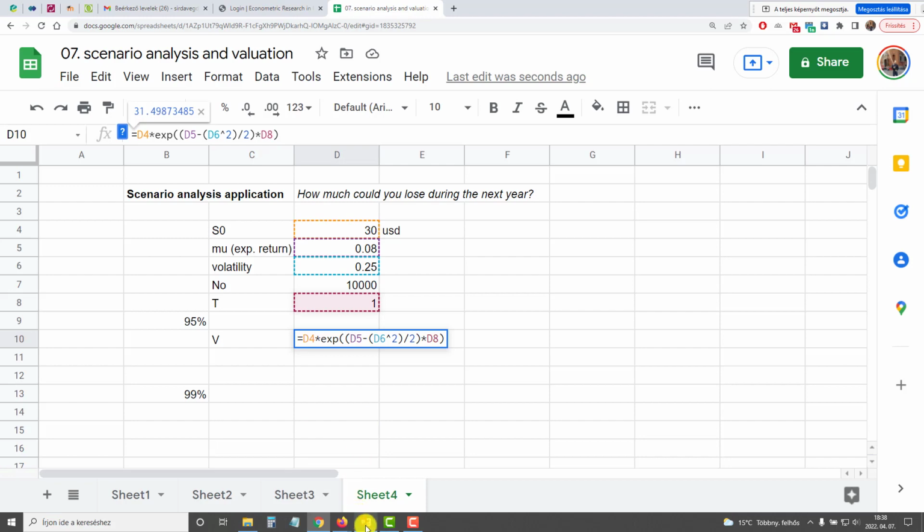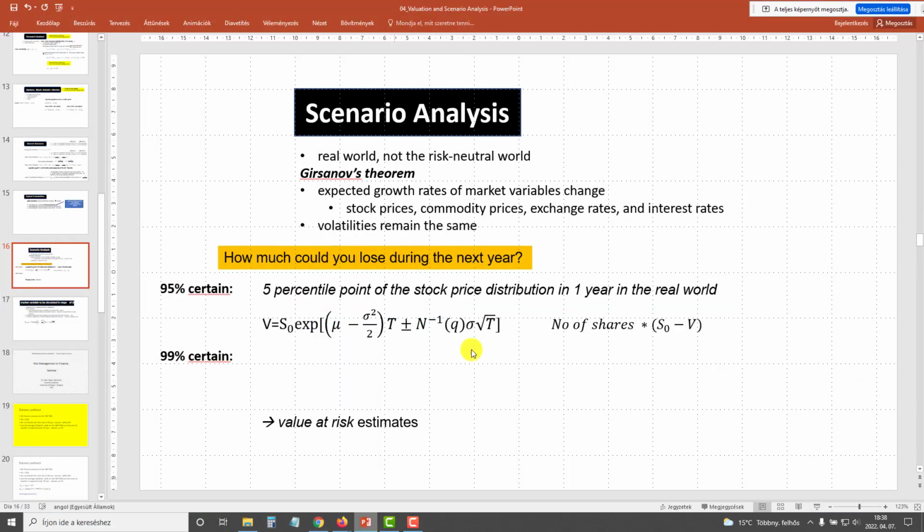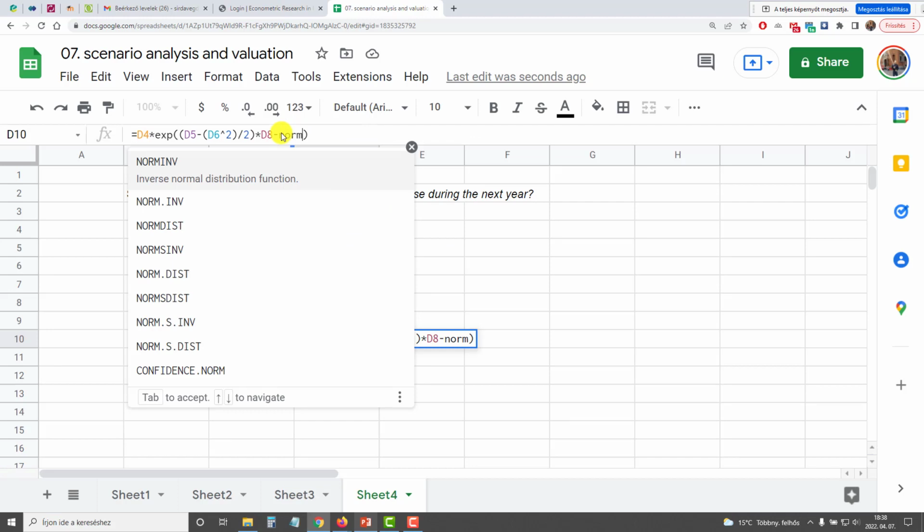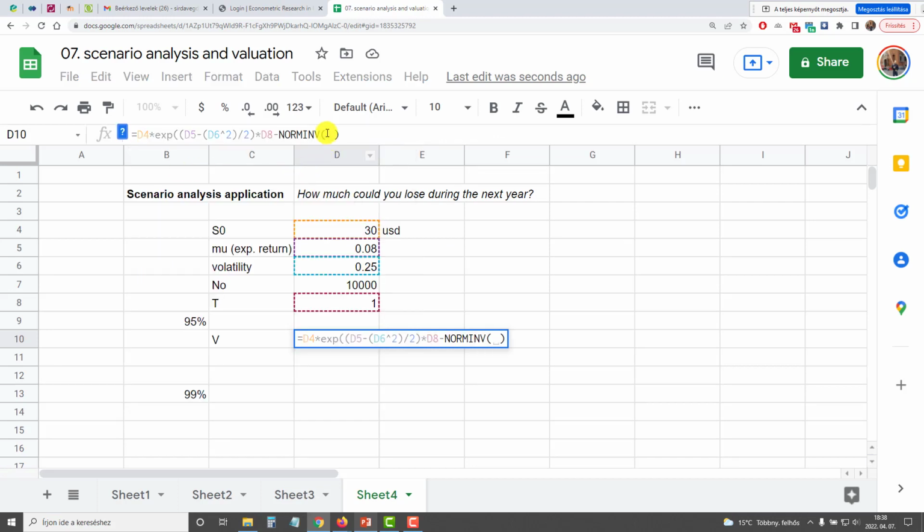Then we have also the normal distribution thingy here, but we already talked about it, that it's supposed to be minus. So let's say that norm inv. The probability in this case is 0.05.